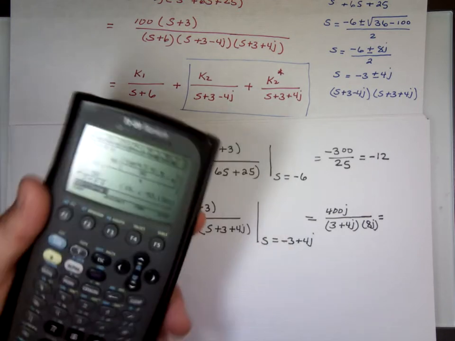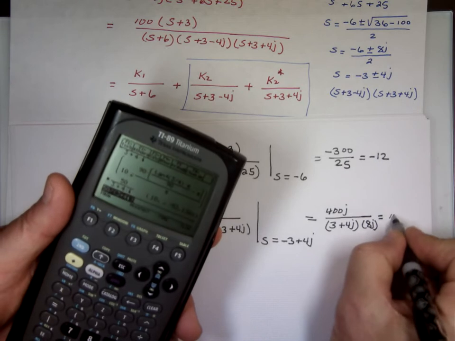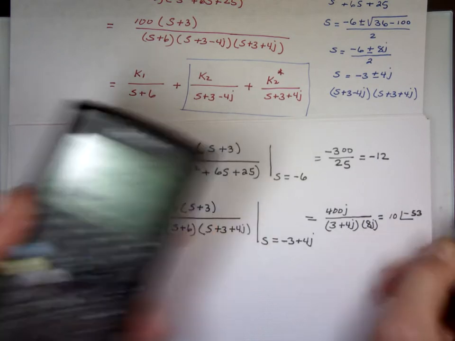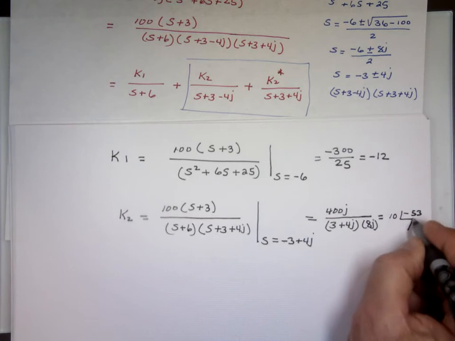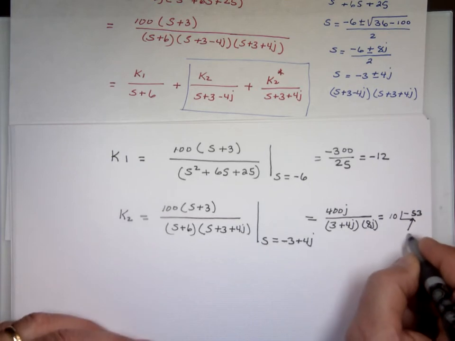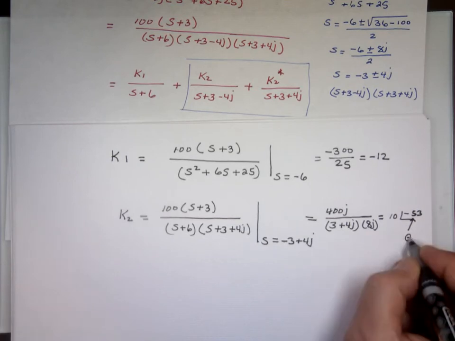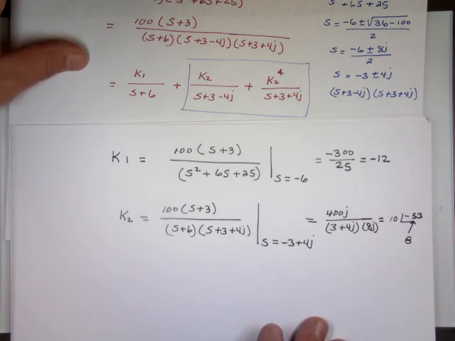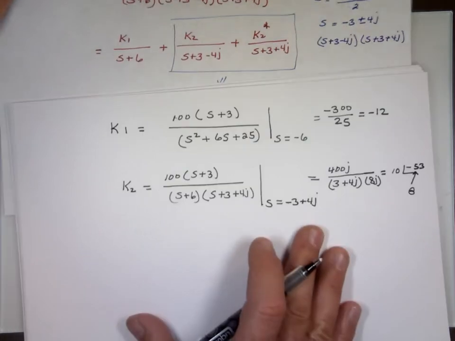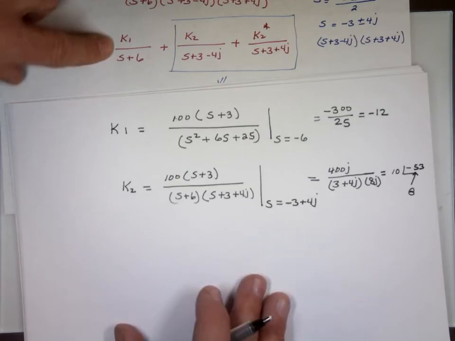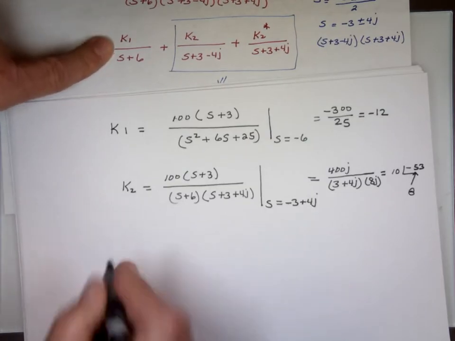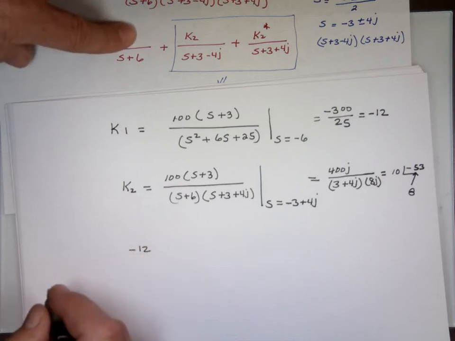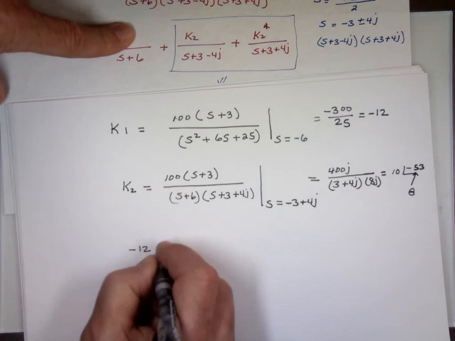10, I'm sorry, 10 angle negative 53. This is actually your theta, the 53, not the negative, because one will be negative, one will be positive. So your answer to this now, when you write that, what's the inverse Laplace of this? We know K1 is negative 12. That'll be negative 12. What's the inverse Laplace of 1 over s plus 6? e to the negative 6t.